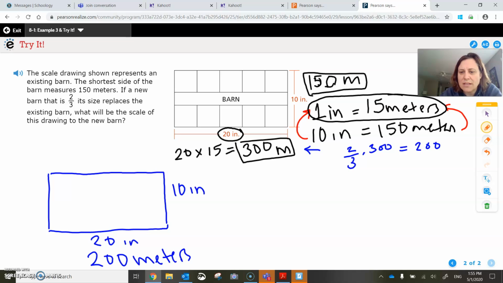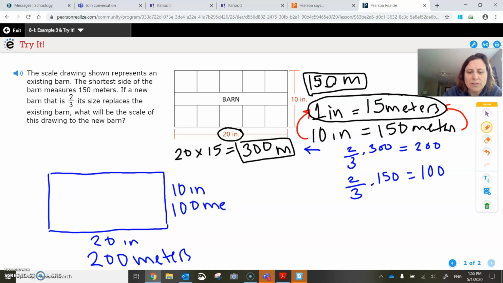And then the short side, 2/3 of 150 is 100. So I know this guy is going to be 100 meters. And check this out. That whole thing of the long side being twice as big still holds true on this question. So for the new scale, we've got meters to inches.